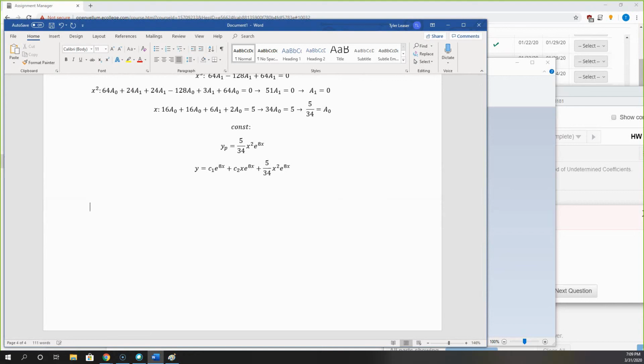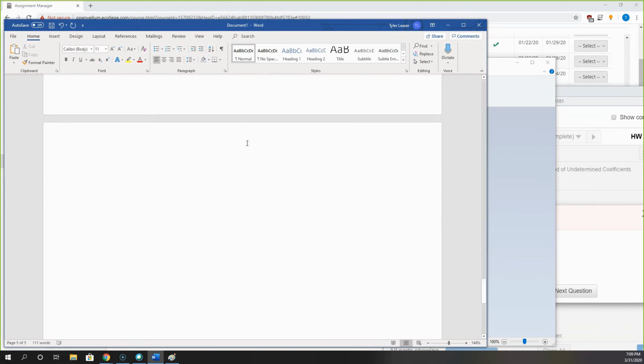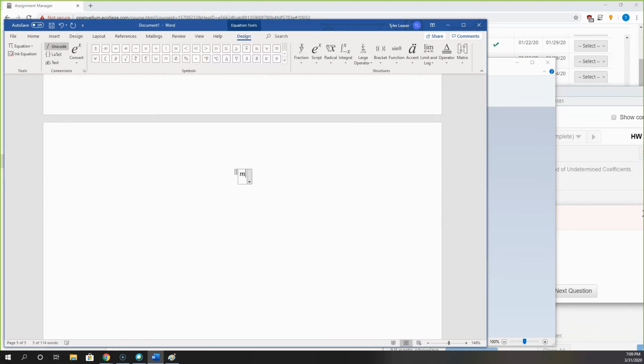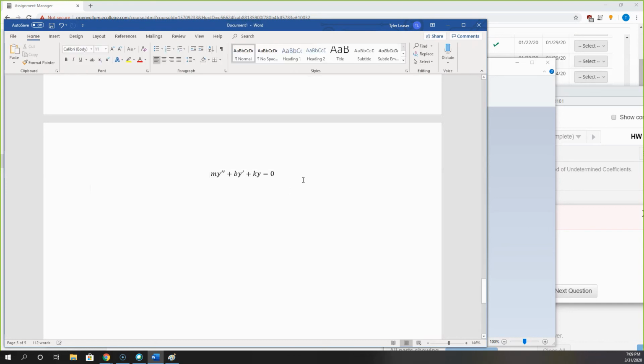So just remember that when you have a spring, the spring is in this form: mass times y double prime plus damping times y prime plus the spring constant times y. There is a question that gives you, not this necessarily, but a scenario, and you have to figure out what the mass is. Just know the mass is the number of.